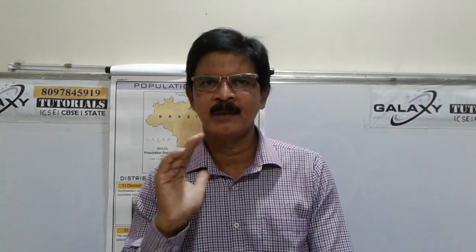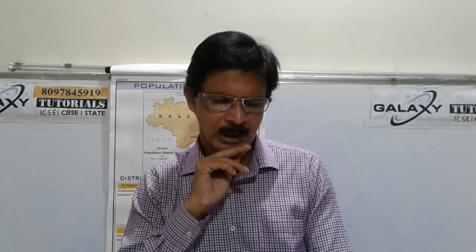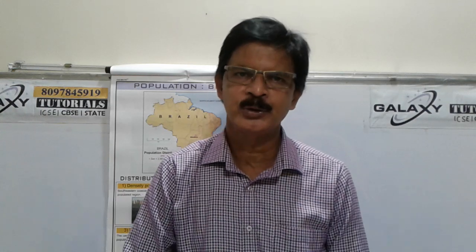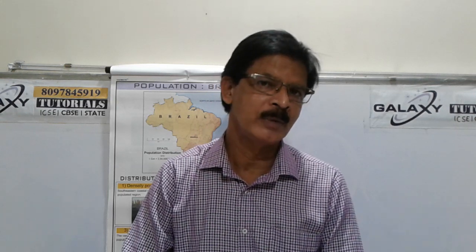So on an average, a Brazilian dies at the age of 75. Got it? Now let us compare this with India. In 1960, the life expectancy of India was just 41 years. Means in 1960, Indians used to die at a very early age. The reason was that there were no good medical facilities.